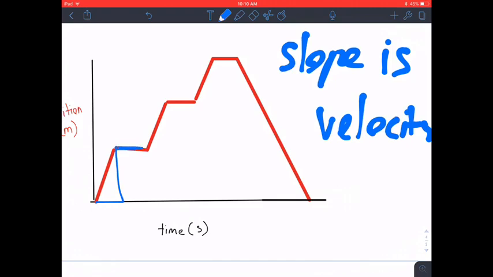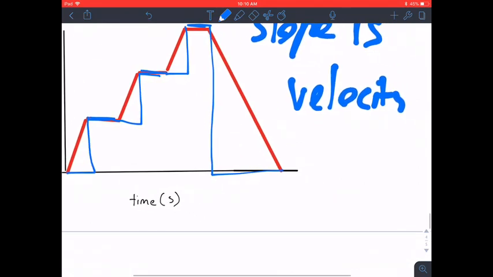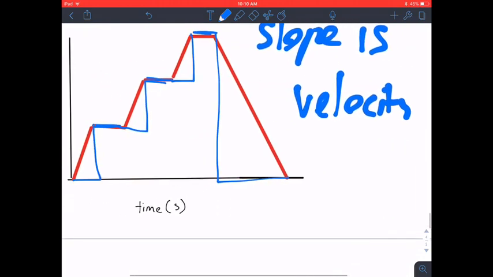Here the object has zero slope. Then it goes back to that positive constant slope. Then it has zero slope. Then it goes back to the same positive constant slope. Then it has zero slope. And then it has this negative constant slope.